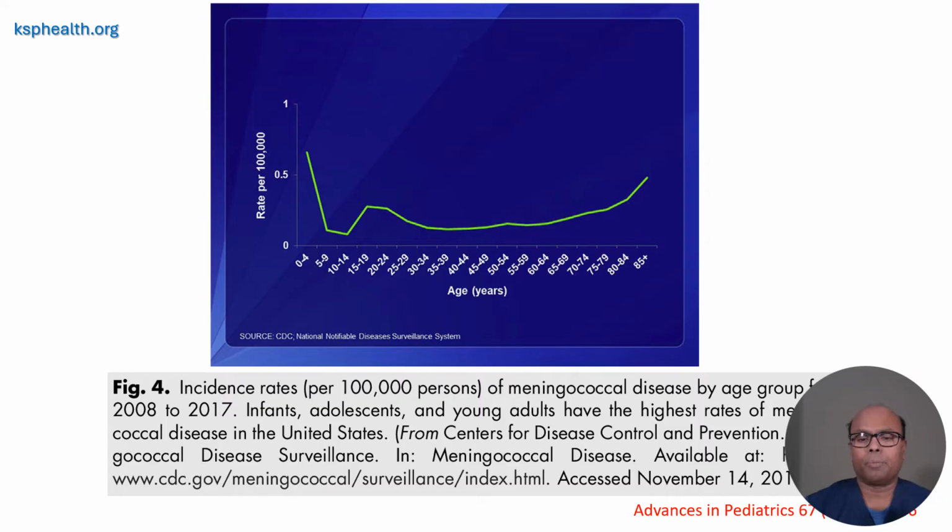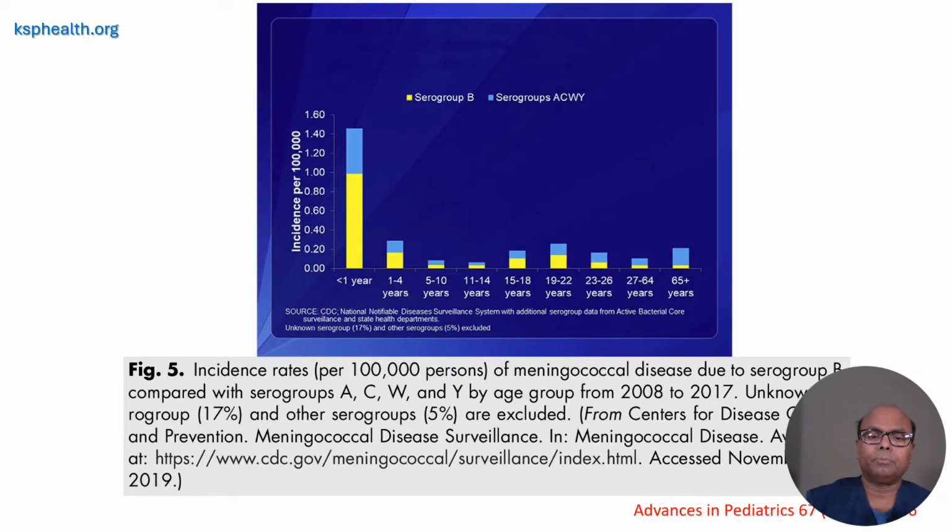Then incidence goes up after 65 years of age. Based on the serogroup, serogroup B is the predominant cause of infection in the first year of life, and also in subsequent years it plays a significant role.